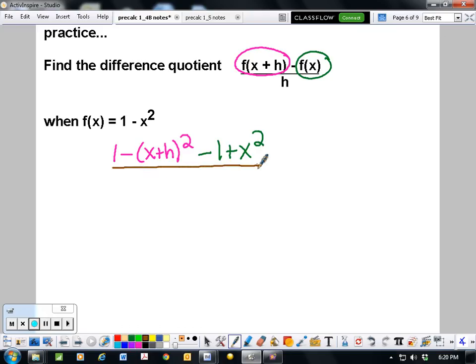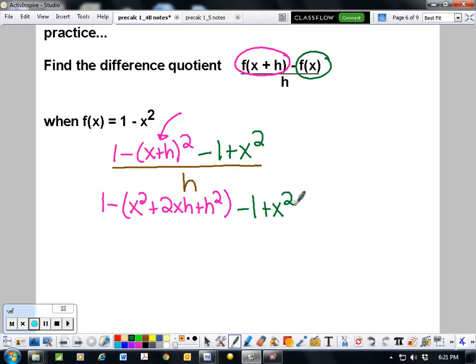And then I divide by h. I need to go ahead and multiply out this pink part right here. So this is really 1 minus x squared, and then 2xh plus h squared. And then I have that minus 1 plus x squared, and that's all over h.